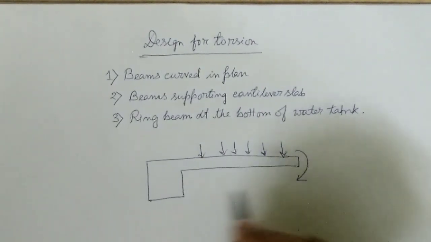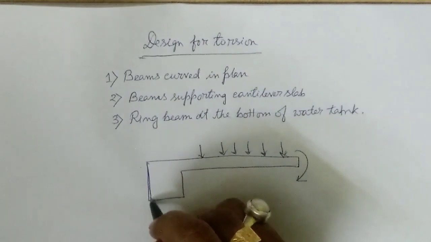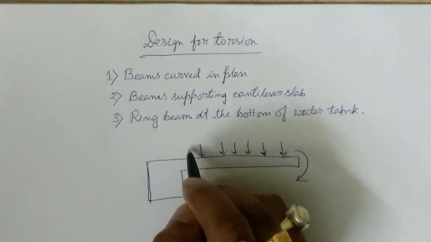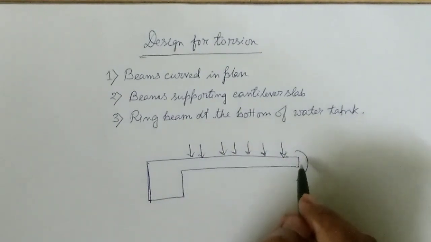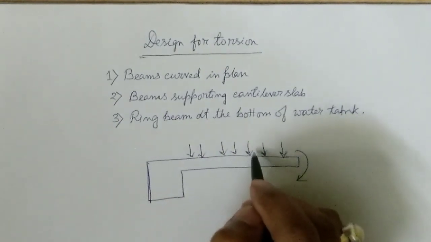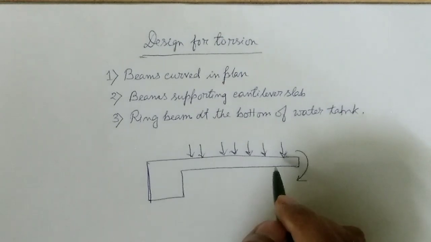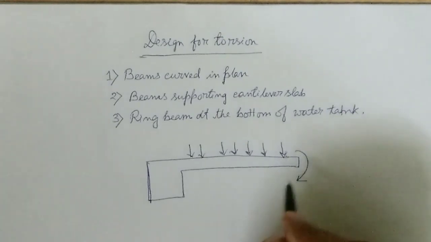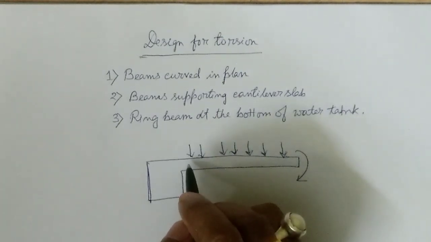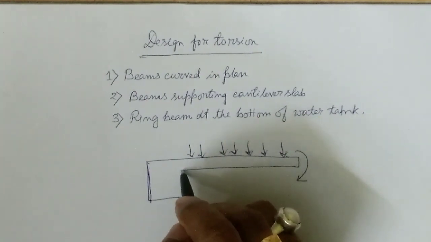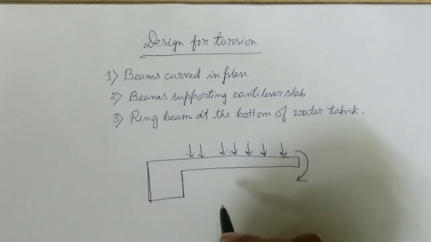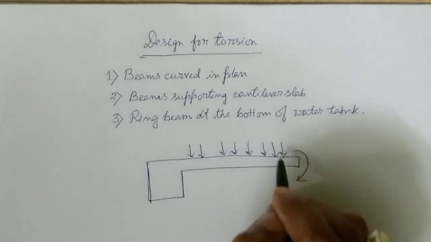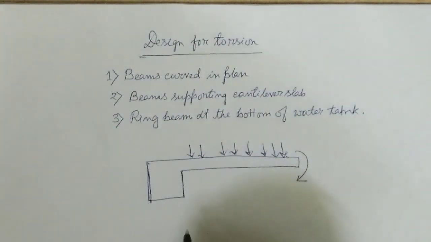Due to this moment, the beam has to carry this moment which is produced in the cantilever slab due to the external force. And due to this moment, a twisting moment also has to be carried by this beam cross section. In this way, sometimes the beams have to be designed for torsional moment or twisting moment.